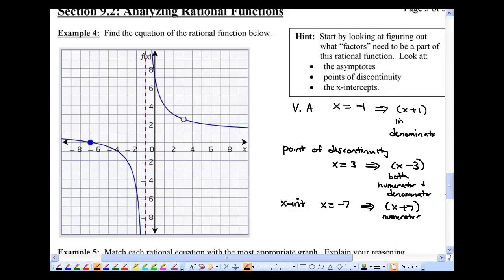And I'd like us now to try to build this equation. If you can, please, really quickly. Think about what you need on the numerator. Think about what you need on the denominator.